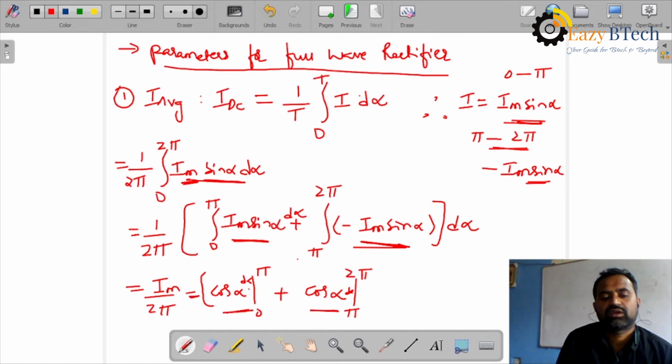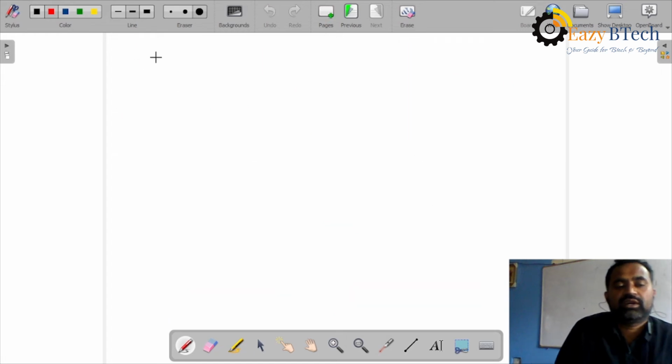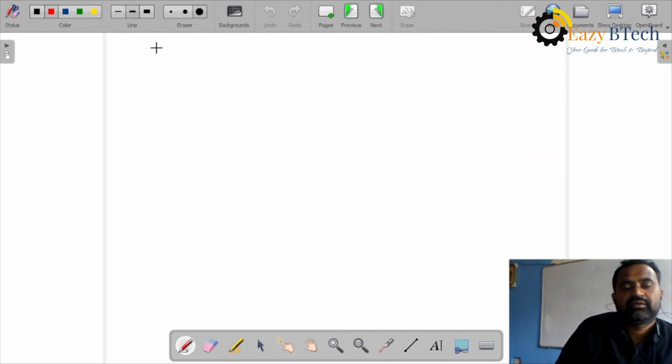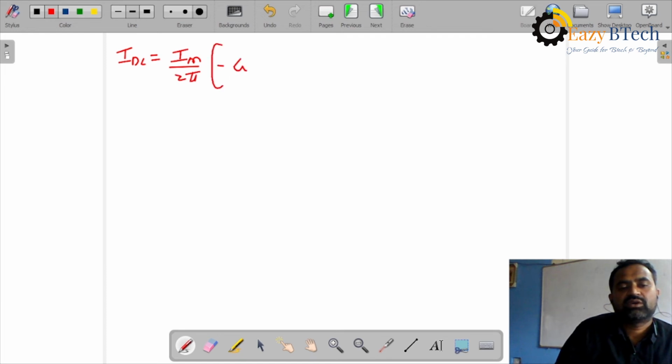Here you are getting minus, here you are getting plus. What expression will you get here? Same, Im by 2 pi, IDC is equal to Im by 2 pi, this is minus cos alpha with an interval 0 to pi plus cos alpha pi to 2 pi.